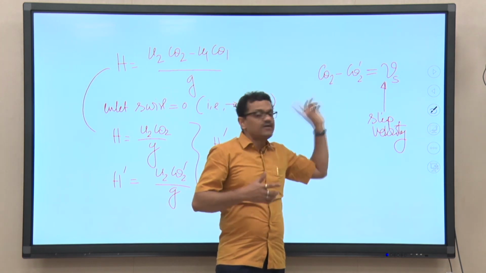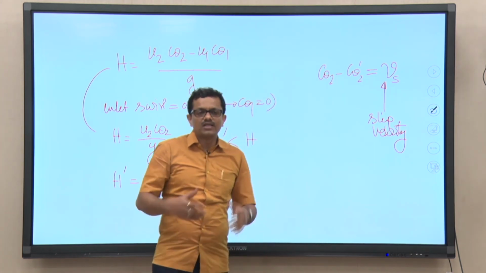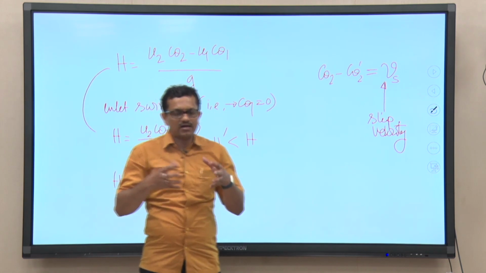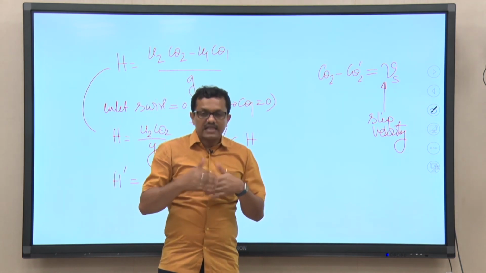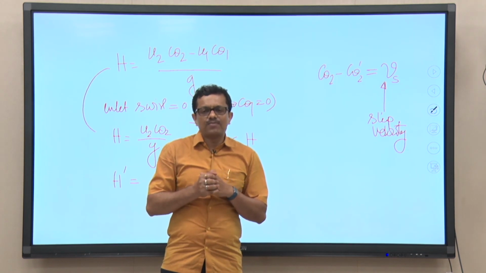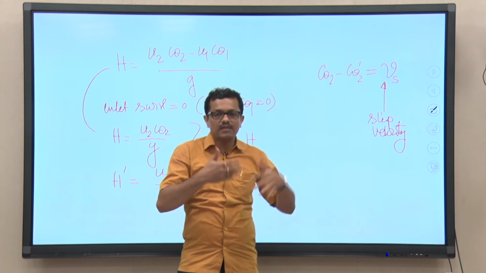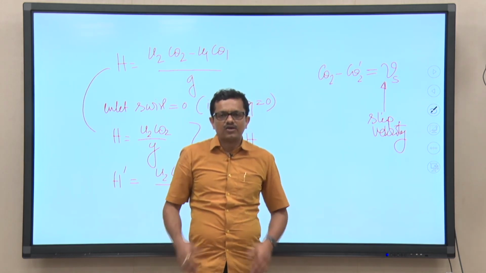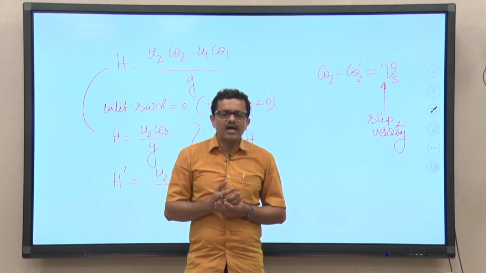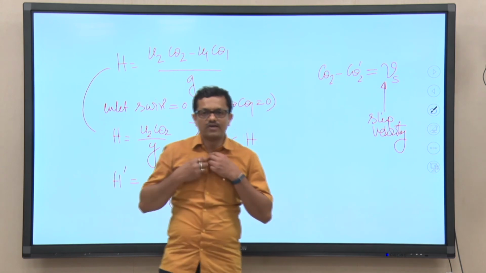Can we correlate this slip velocity in terms of the blade design parameters of the pump? That part we will be trying to discuss, and there are many models available to correlate the slip velocity in terms of the blade design parameters, but Stodola's model is one of them, and we will try to discuss that model in the next class. So, with this I stop here today. Thank you.